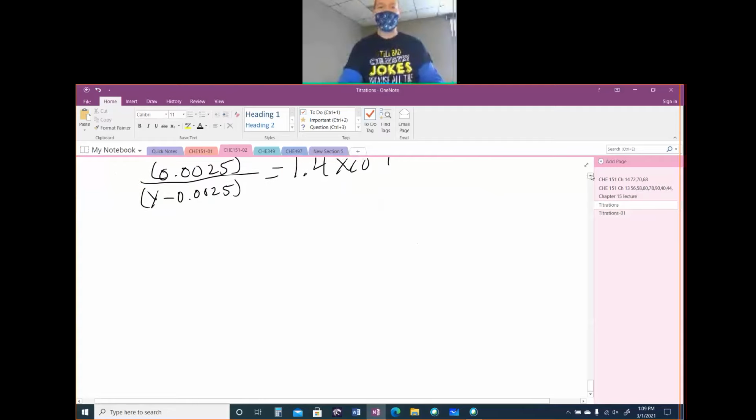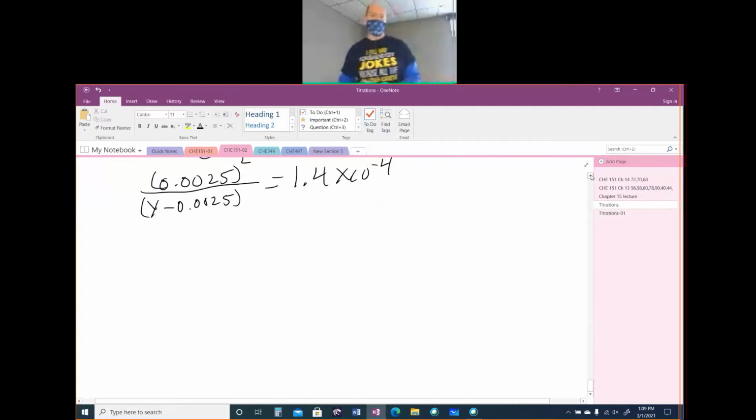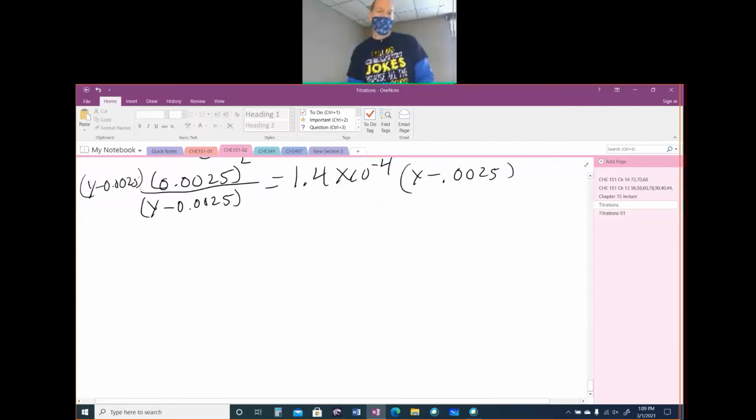So to solve this, we have to multiply both sides by Y minus 0.0025. And when we multiply this side by Y minus 0.0025, that is canceled. All right, 0.0025 squared, that is 6.25 times 10 to the minus 6.